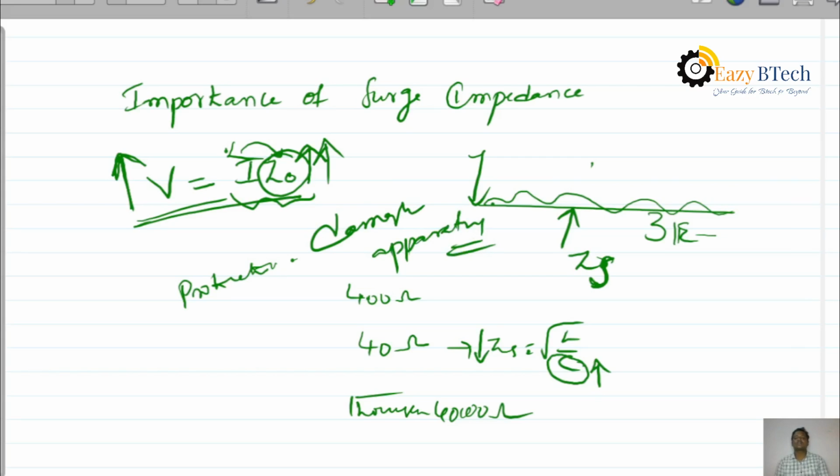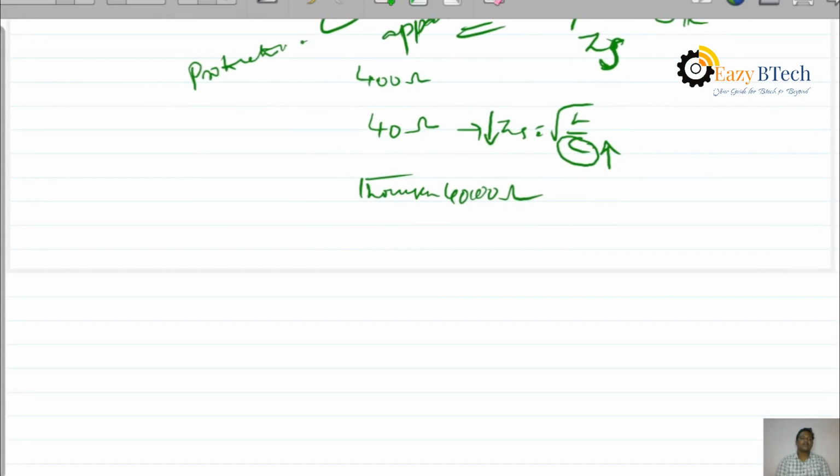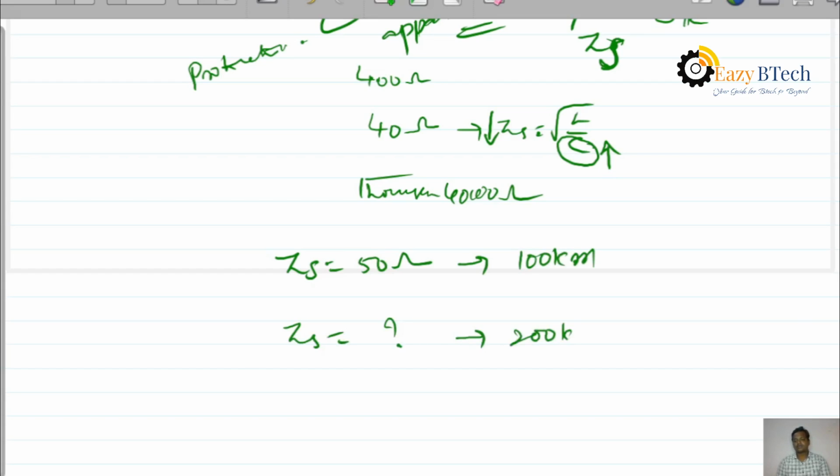Also, this ZS does not depend on length. It is independent of length. In many examinations, they ask like this: the surge impedance of a transmission line is 50 ohm for 100 kilometers. What will be the ZS value for 200 kilometers?